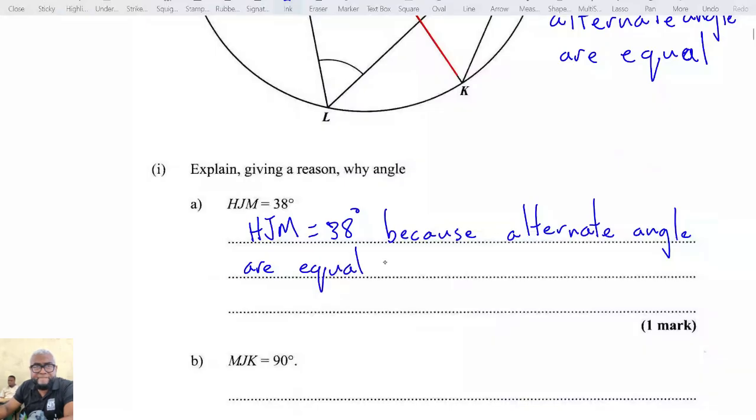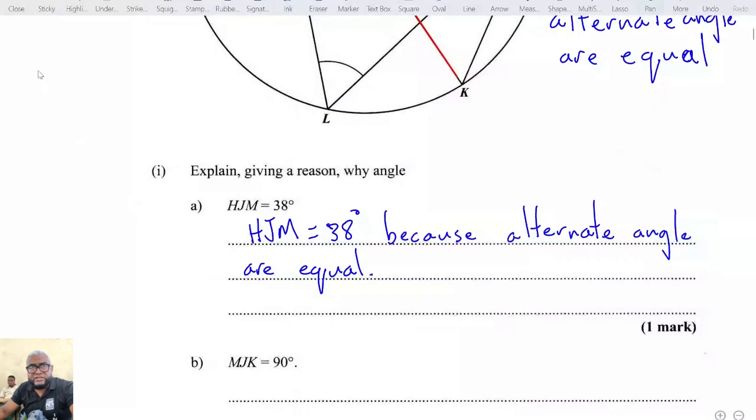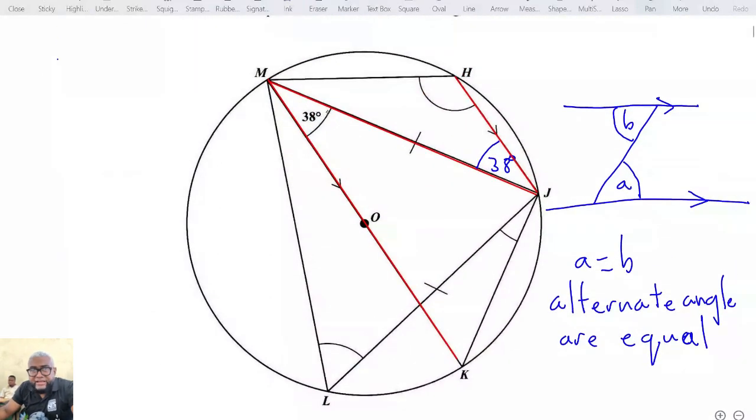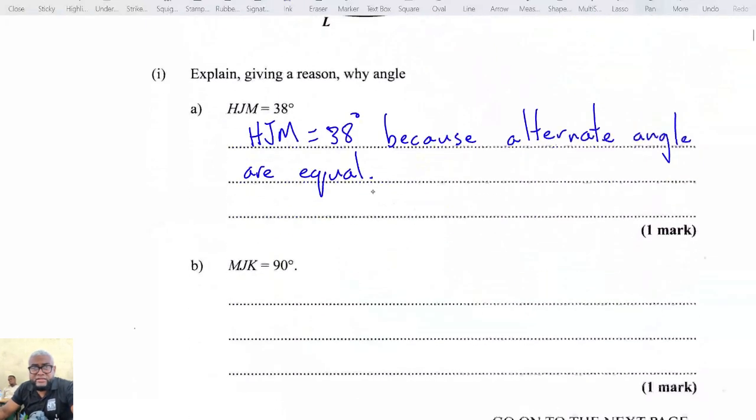Basically, this angle here, let's say this is A, is equal to this angle up here, this is B. You see A and B, they are alternate angles. So JMK is equal to HJM. Are we good there?